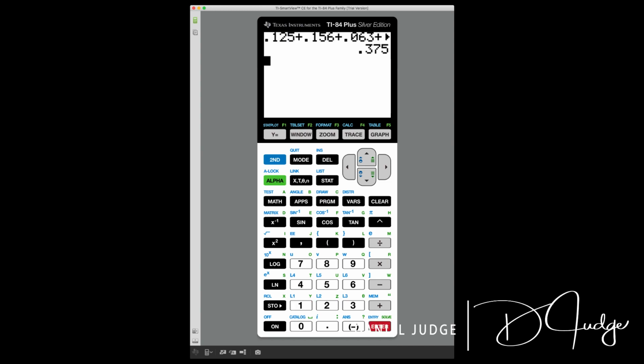What do we get? Double check. What do you guys get? Let me see. Maybe we made a mistake. Let's try it again. At least two or more. 0.125 plus 0.156 plus 0.063 plus 0.031. Is everything okay here for at least two? What'd you guys get?